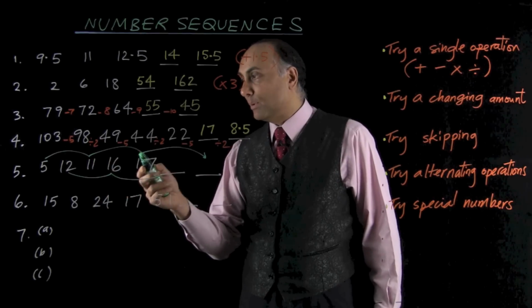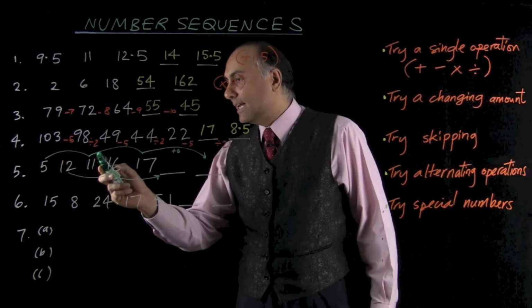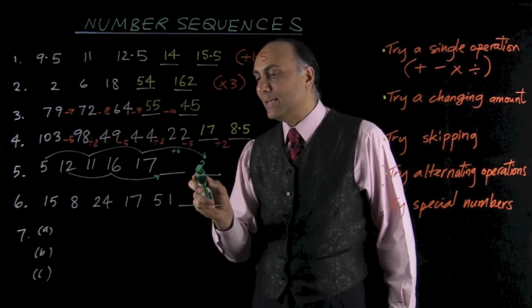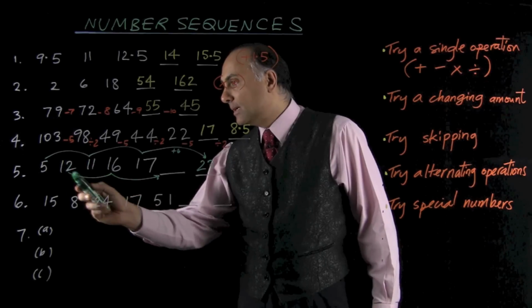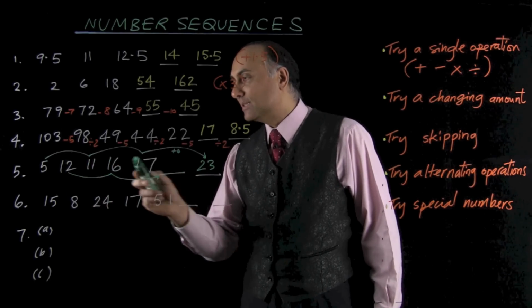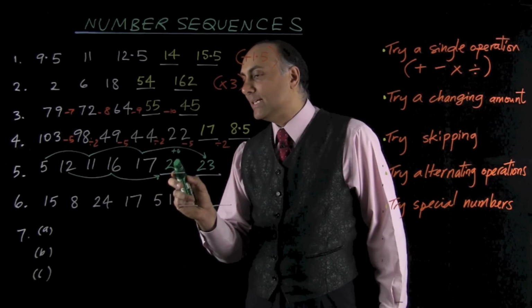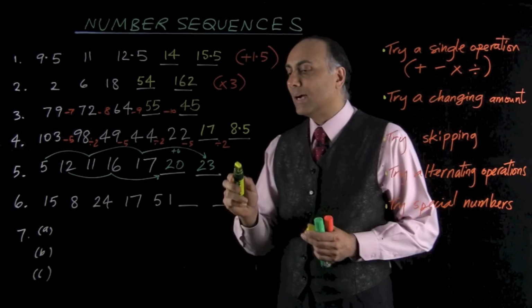It seems like a simple skip. Plus 6 for that. So 5 and 6, 11 and 6, 17 and 6, 23. And for the even position numbers, it's plus 4. And in the absence of other information, I would assume it's plus 4 again, making a 20 here. So here, I used a skip.